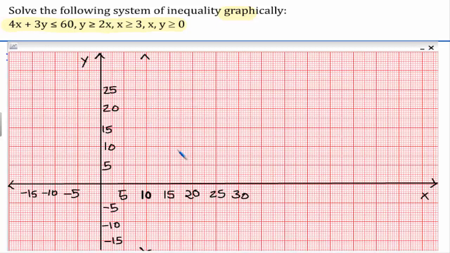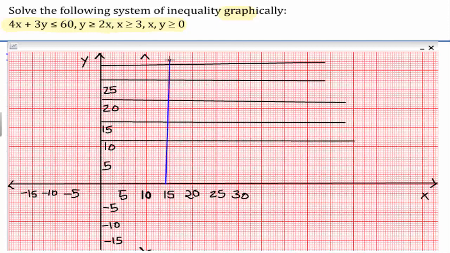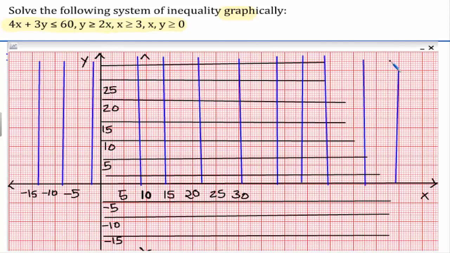That means in the first quadrant we need to draw, and here is x greater than or equal to 0, because towards this side all x values will be positive, and this side is y greater than or equal to 0. Here the black lines will represent x greater than or equal to 0, and the blue lines will represent y greater than or equal to 0.